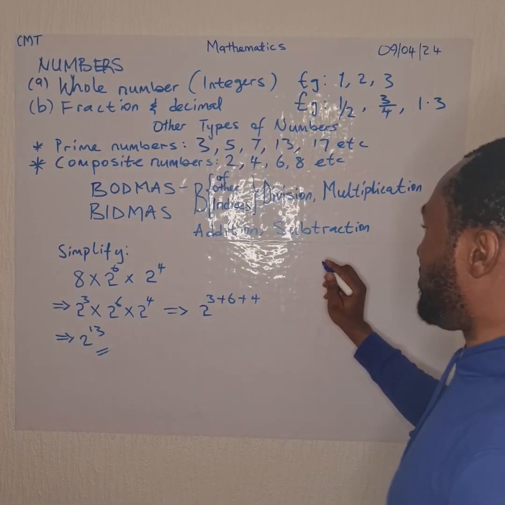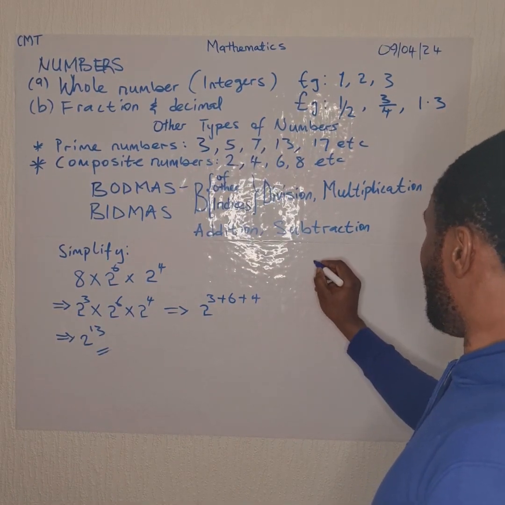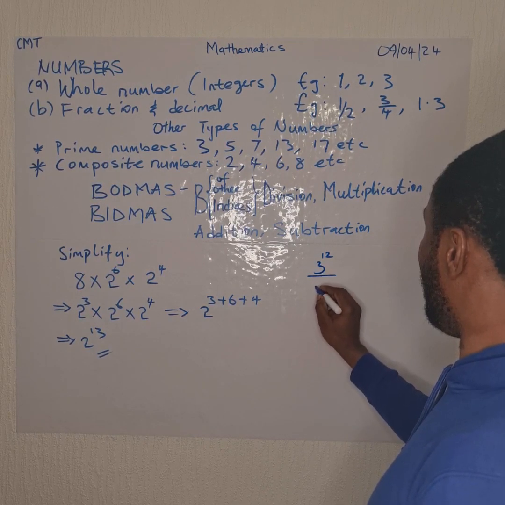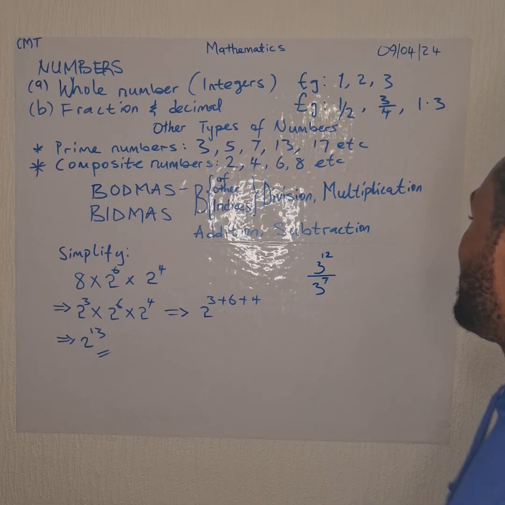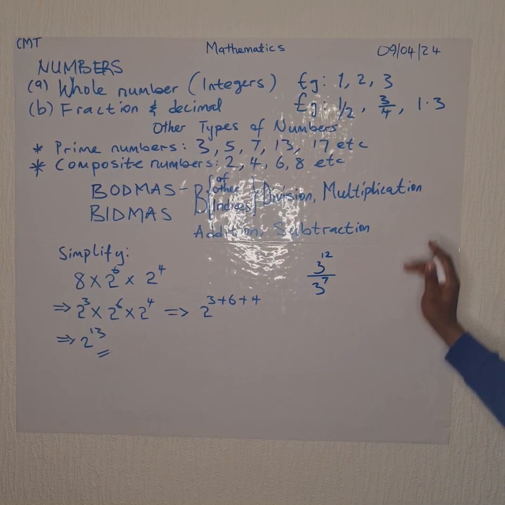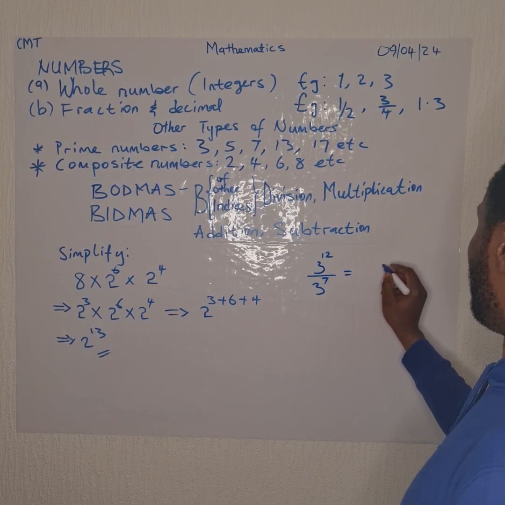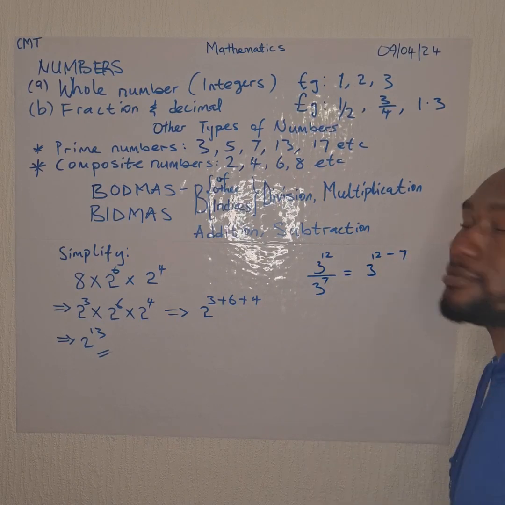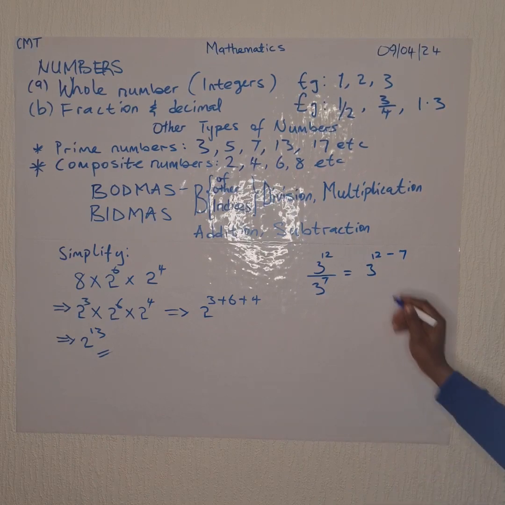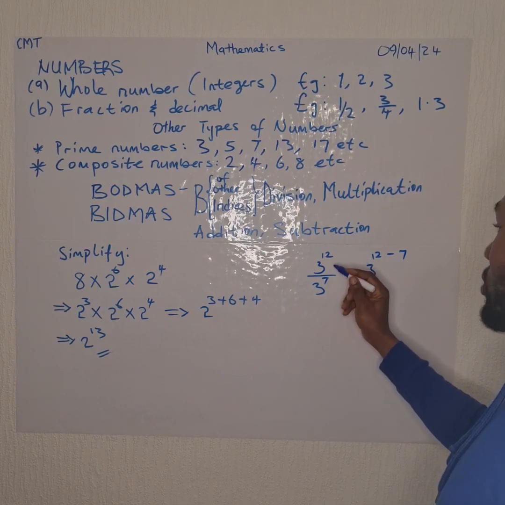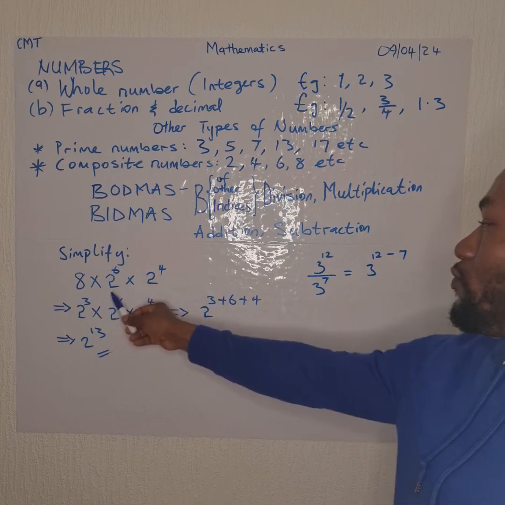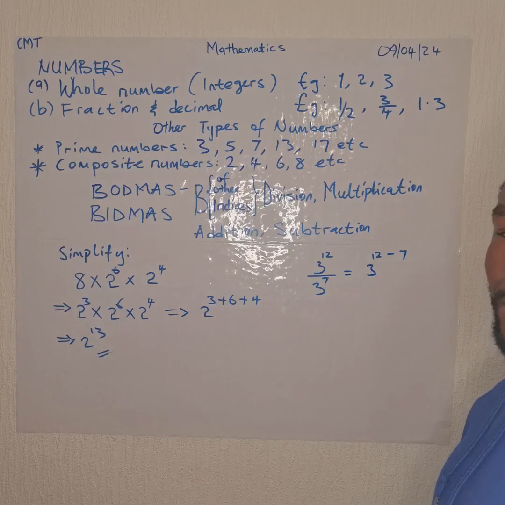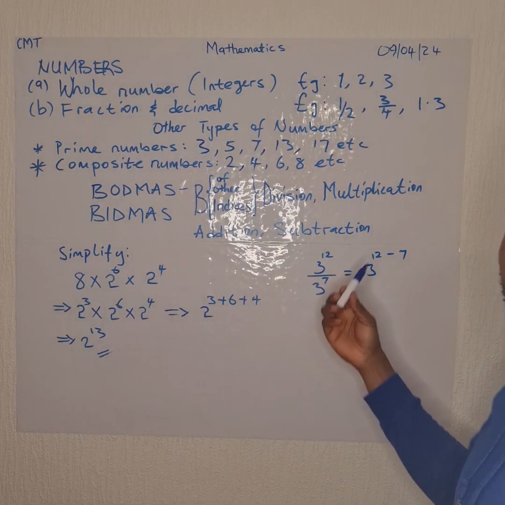What if we had something like this? 3 raised to the power 12 divided by 3 to the power 7. Well, this is the same thing as 3 to the power 12 minus 7. The simple rule is when you're multiplying numbers with the same base and powers, you just have to add the powers.